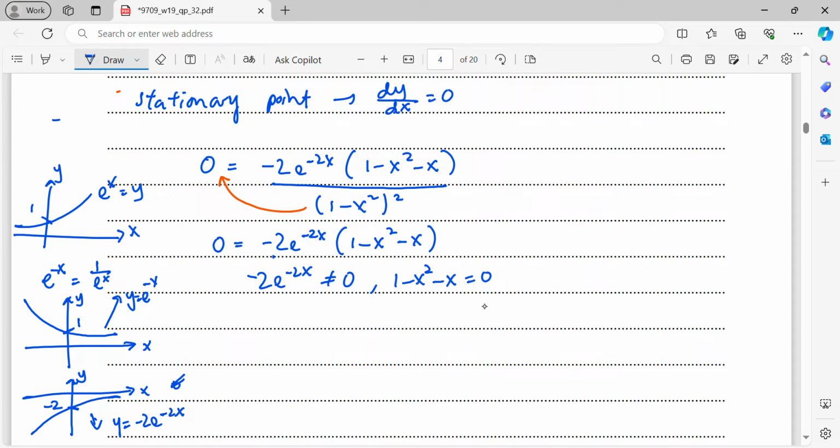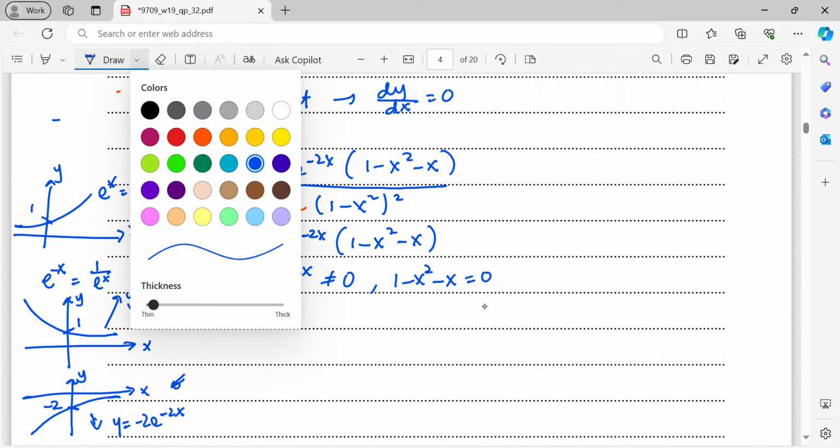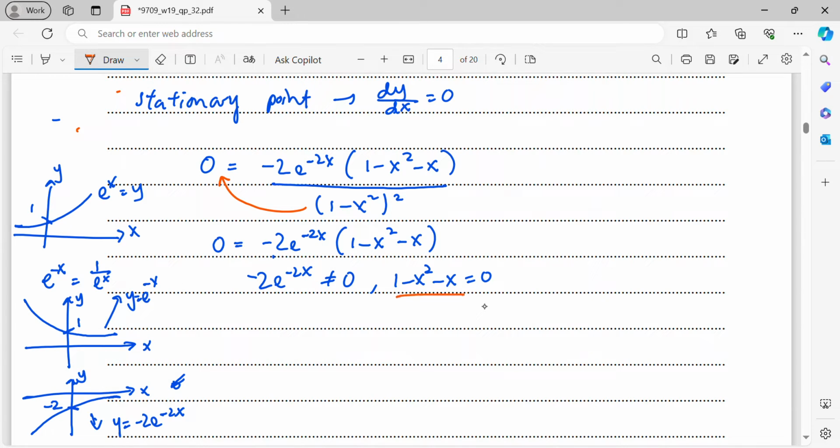Now we have to rearrange first before we use the quadratic formula, which means I need to get positive x squared. Since there is a negative x squared here, I will move all the terms to the right hand side. So it will be x squared plus x minus 1 equals 0. Now compare with the general quadratic equation, ax squared plus bx plus c equals 0.